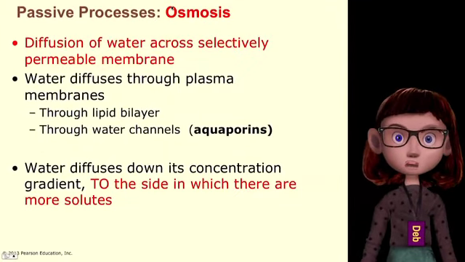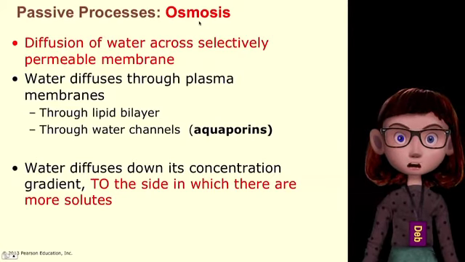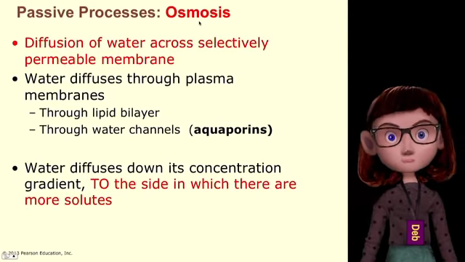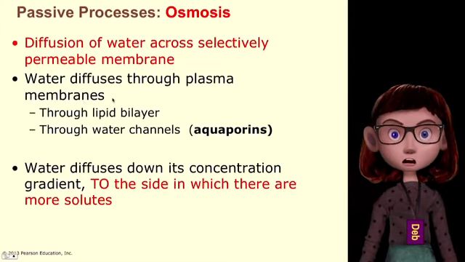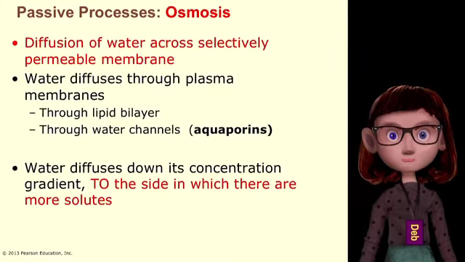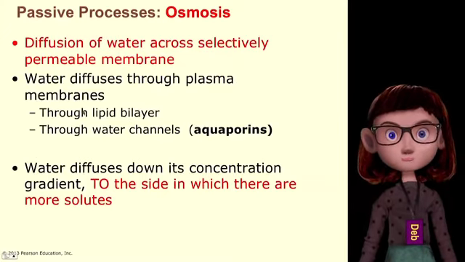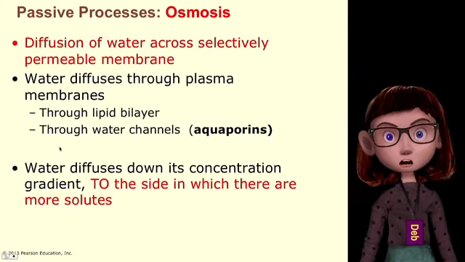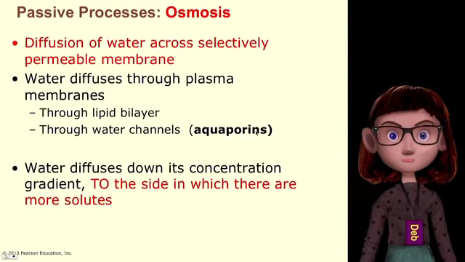Osmosis. Osmosis is really the diffusion of water across a selectively permeable membrane. This is somewhat of a review. You should have encountered the concept of osmosis during your fundamentals of biology class, but just as a little review, water will pass through plasma membranes through the lipid bilayer in very small amounts, but mostly the water will pass through water channels that are called aquaporins.